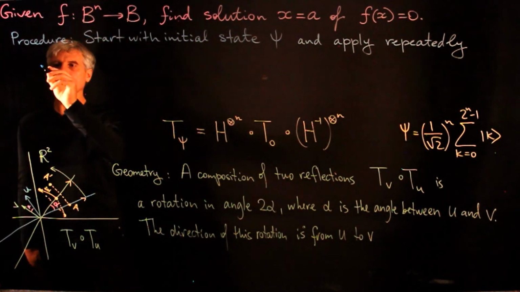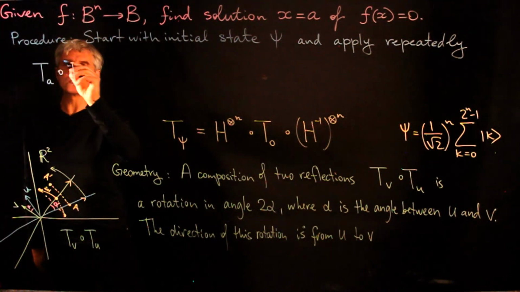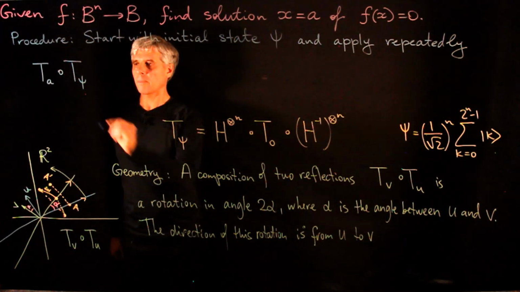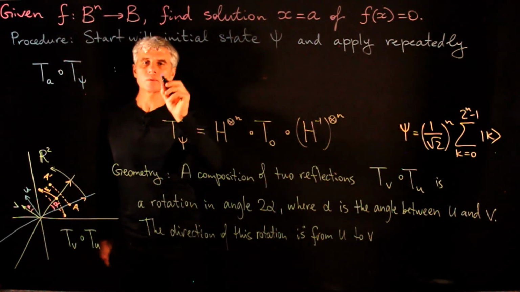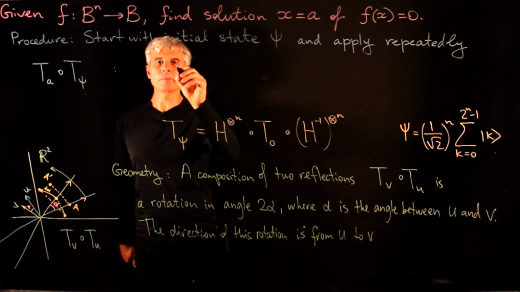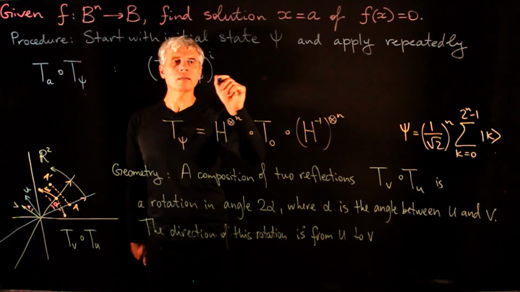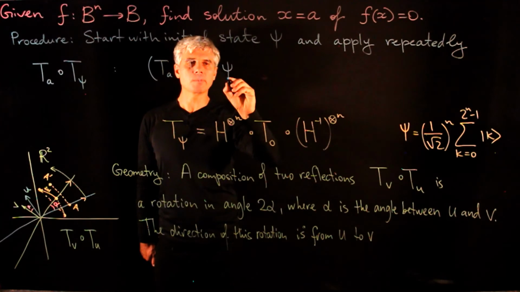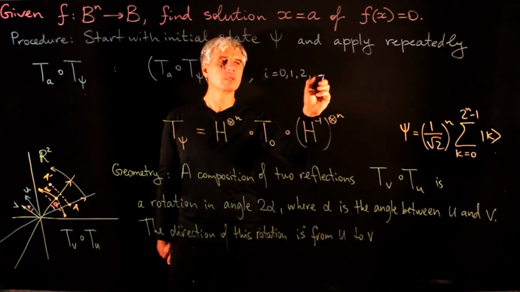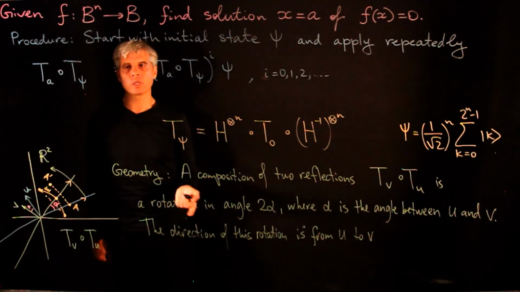So we take the composition of TA with T psi. Essentially, we are calculating TA composed with T psi, to the power i, applied to the state psi, where i goes 0, 1, 2, and so on. So let us analyze what will happen.